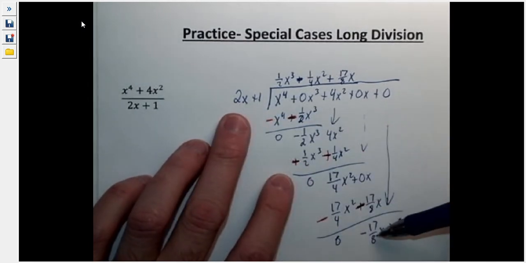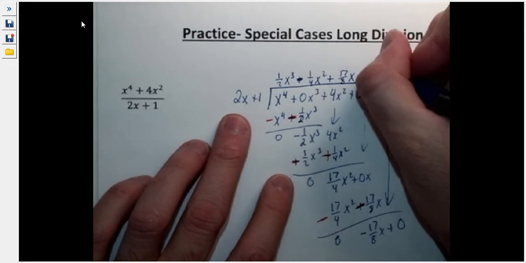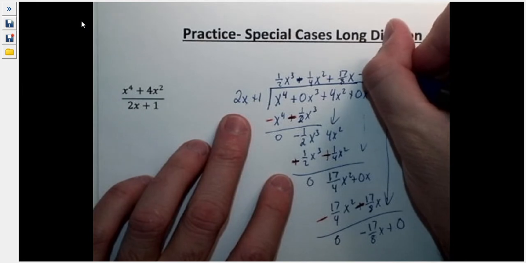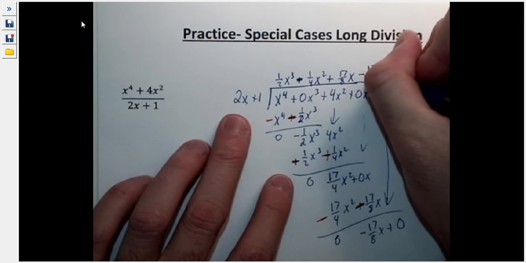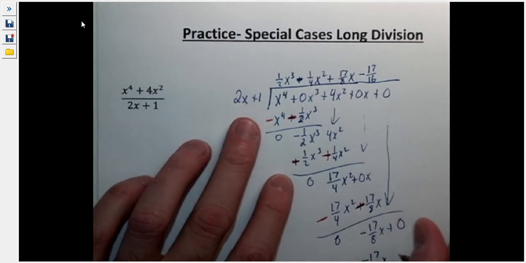What times 2 will give me negative 17 over 8x? It's going to be negative 17 over 16. So you get negative 17 over 8x minus 17 over 16. Change the signs.